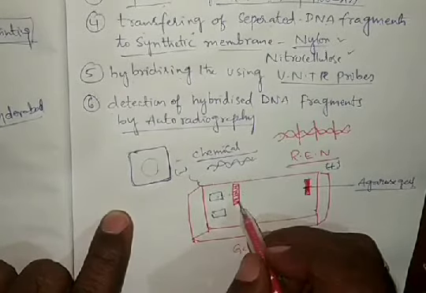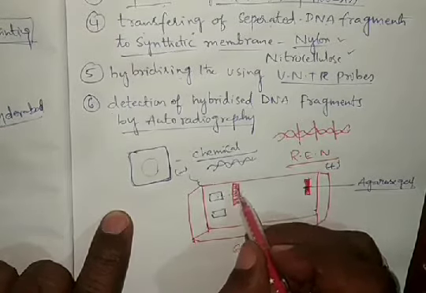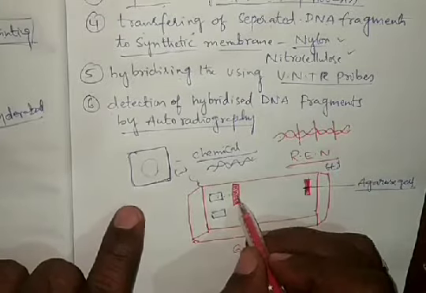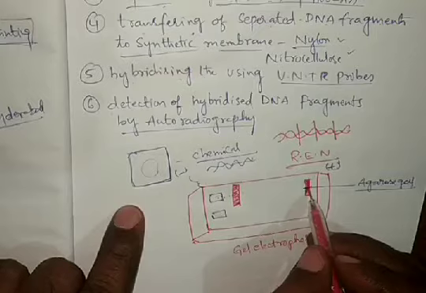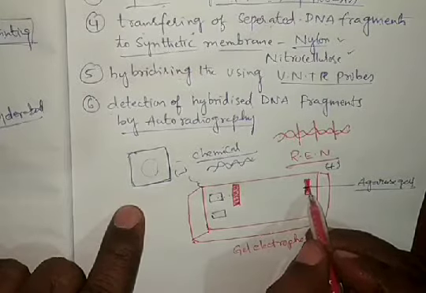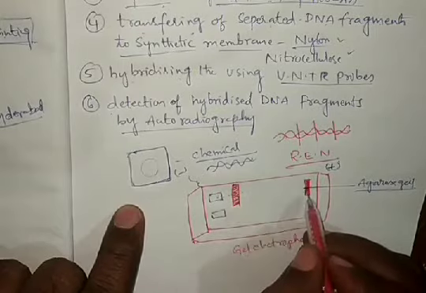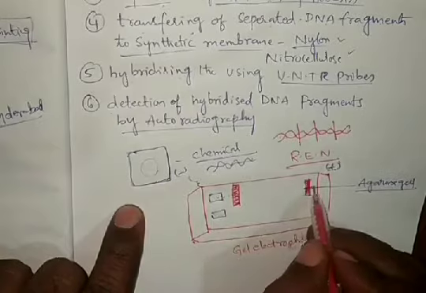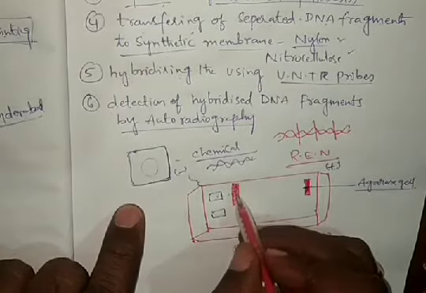So then what happens? The mass of this DNA segment is more, so it can't move as fast as the smaller segment, because the smaller segment has less mass compared to the larger segment. The smaller segment moves towards the positive pole quickly, and the larger segment moves slowly, so it stays here.